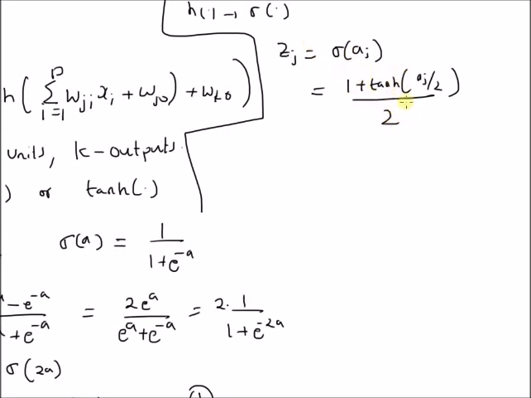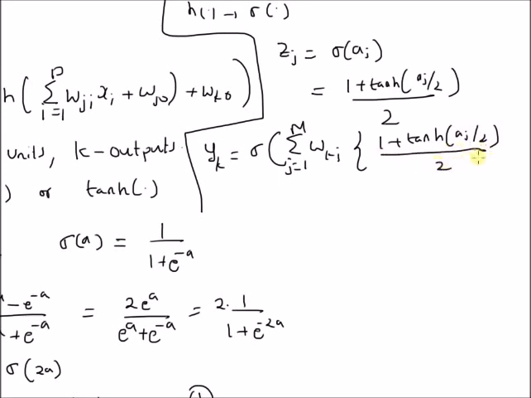So by substituting this function in the definition of yk, we have yk is equal to sigma of summation j equal to 1 to M wkj times (1 plus tanh of aj divided by 2) divided by 2, plus wk0.